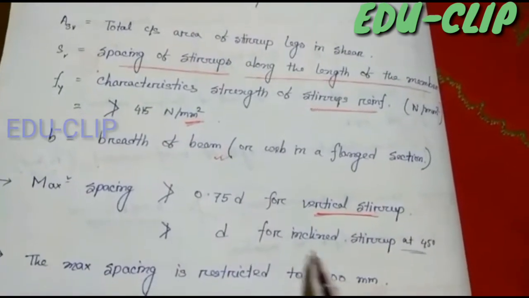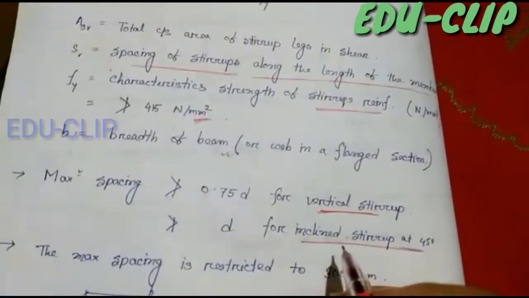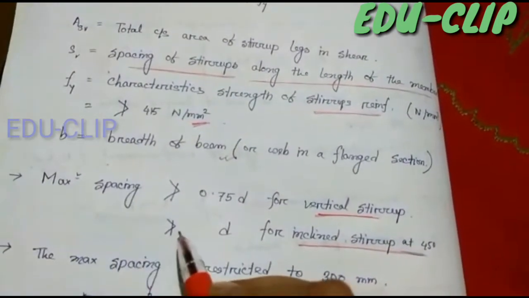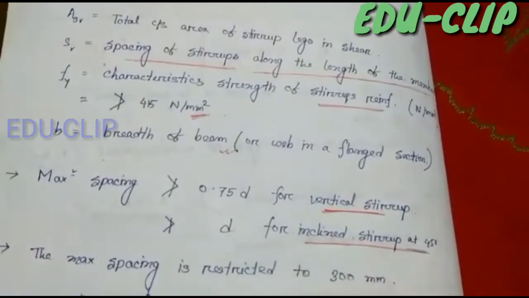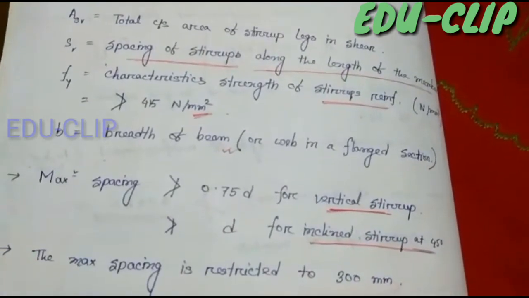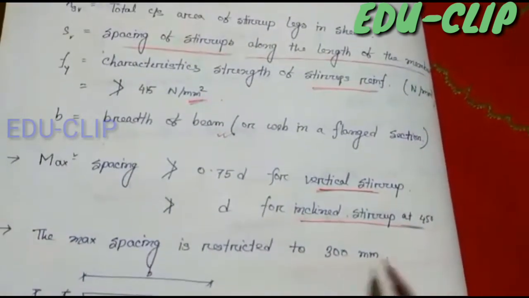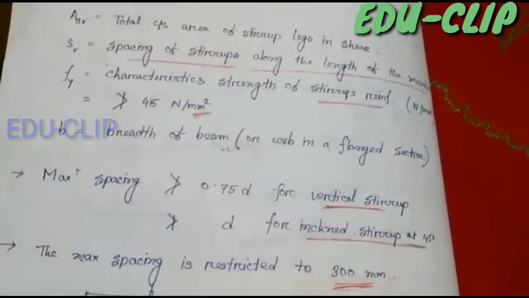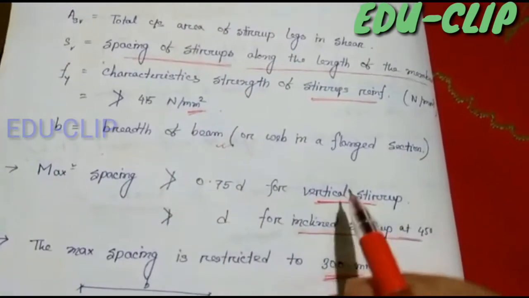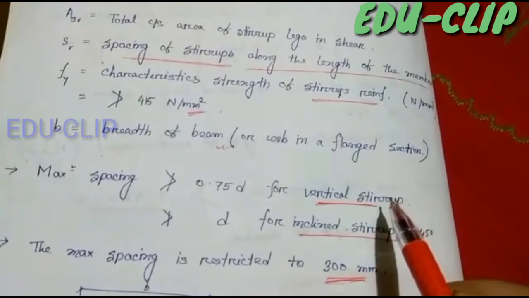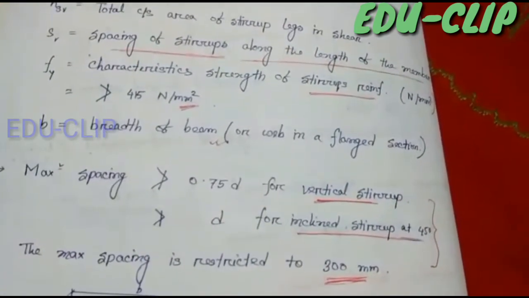And another case is if the stirrups are inclined at 45 degrees, then the maximum spacing should not exceed d, that means effective depth. Again, maximum spacing is restricted to 300 mm. So we can calculate the maximum spacing by considering these conditions.